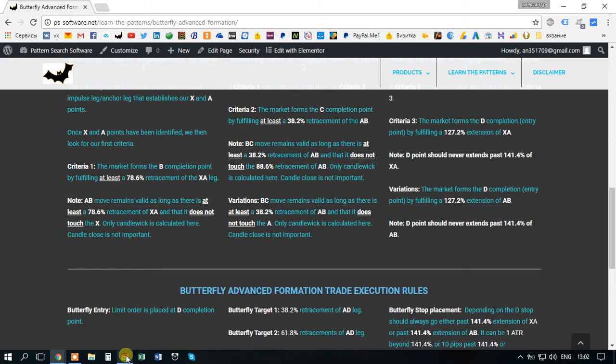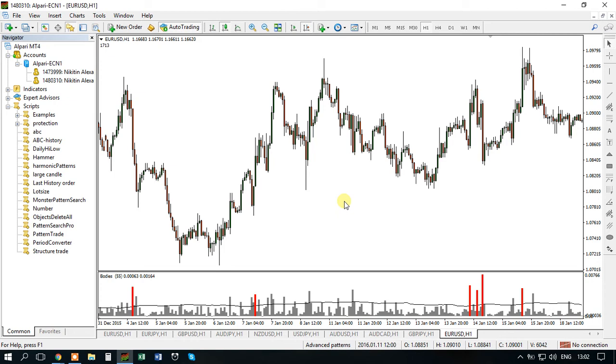Let's go straight to the chart, because guys, the chart is the only source of reliable information. If you wish to know the secrets of the butterfly, how you can profit from trading butterflies, you should do the backtesting, no matter what other guys say.